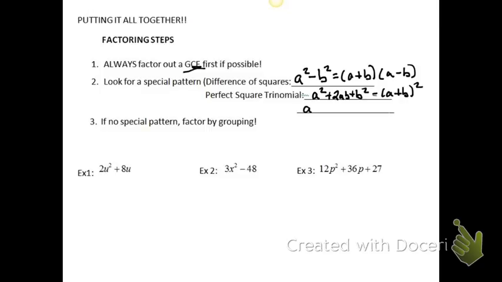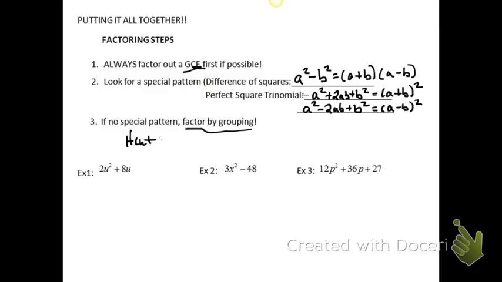Another perfect square trinomial is also a perfect square in the front and a perfect square in the back, but in the middle you have a minus 2ab. So remember, that one factors into a minus b quantity squared. If you don't see any of those special patterns, then just factor by grouping. Now recall, I'll give you just this hint.